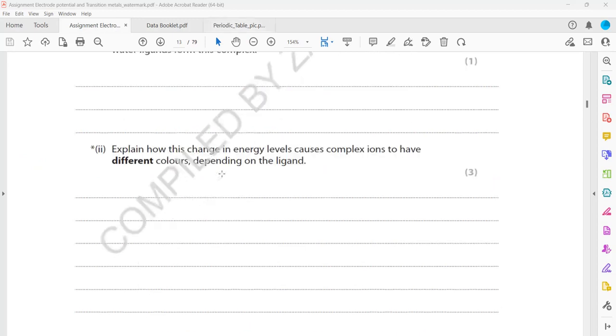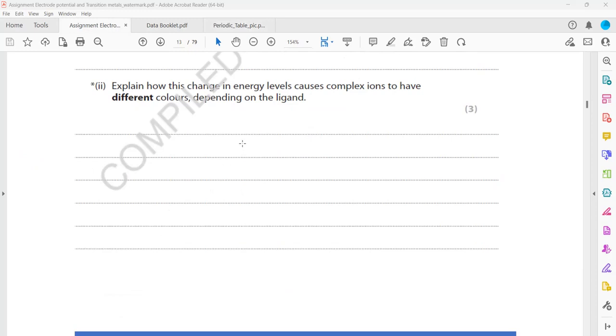Explain how this change in energy level causes a complex ion to have a different color depending on the ligand. What actually happens is that the gap between the groups or levels is different when different ligands are attached.